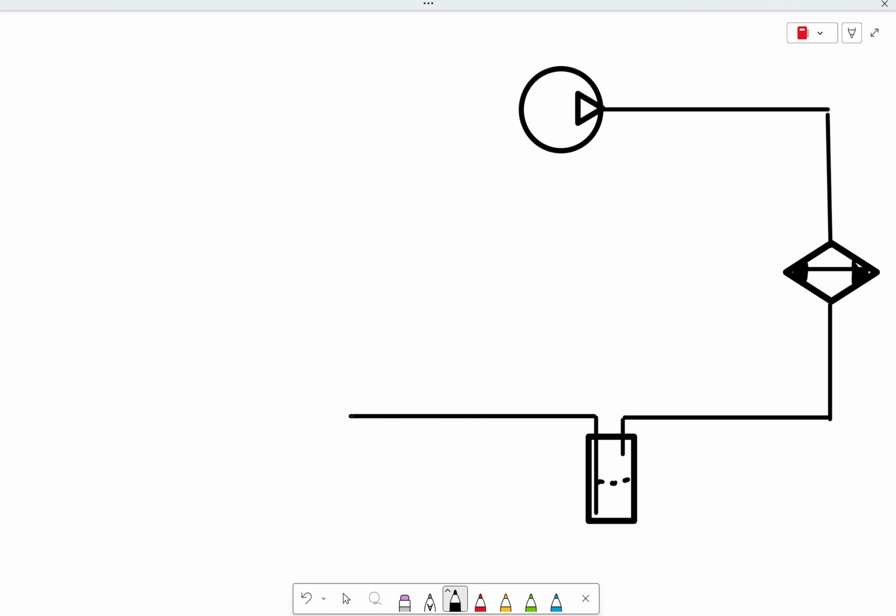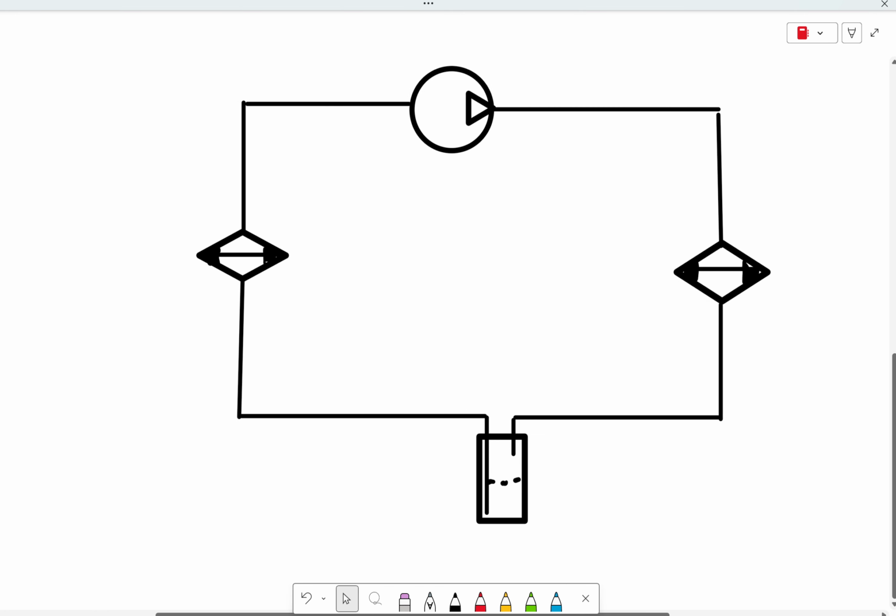So from there, we're going to head up to the other heat exchanger. And this one is our evaporator, right? And then up and over back into the pump. There we go.